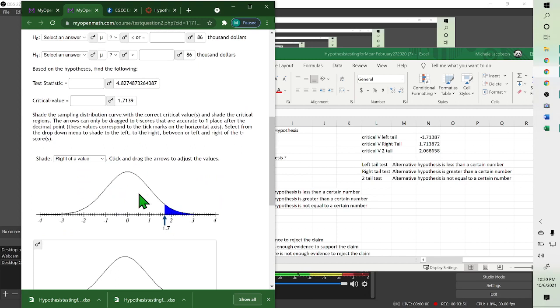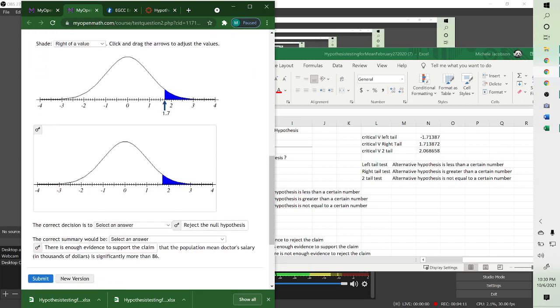So then you take your 1.7 and put it here because you can move this. But we want 1.7. One more. 1.7. And we want greater than because we were testing greater than here. And that's just showing your answer.